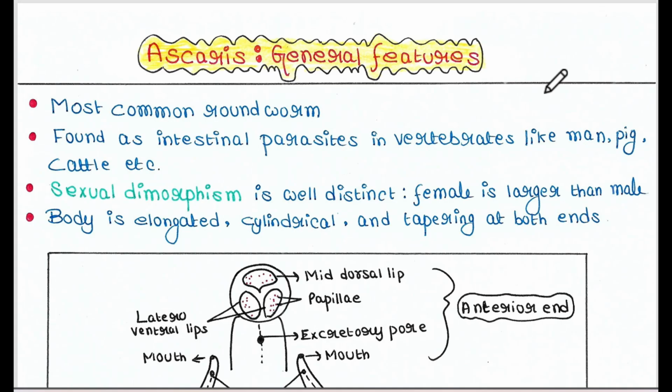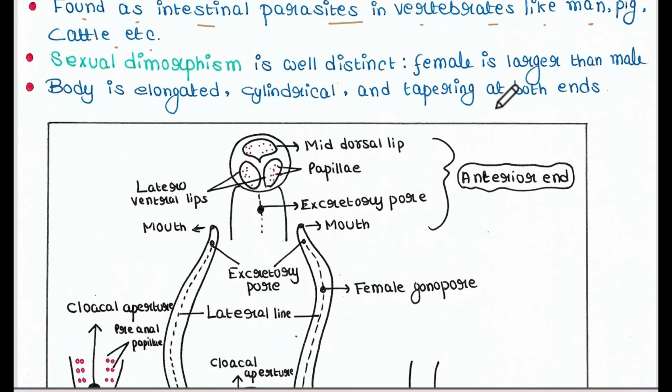Ascaris are the most common roundworms, found as intestinal parasites in vertebrates like man, pig, cattle, etc. They reside inside the intestine of a few vertebrates such as human, pig, cattle, etc. Sexual dimorphism is well distinct.